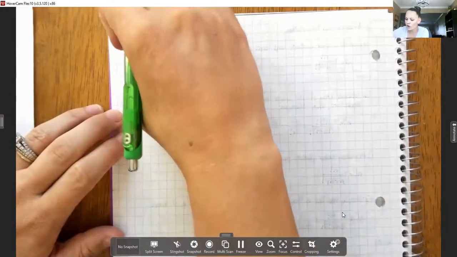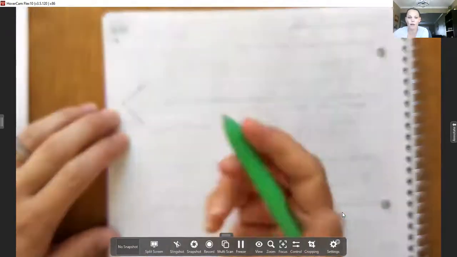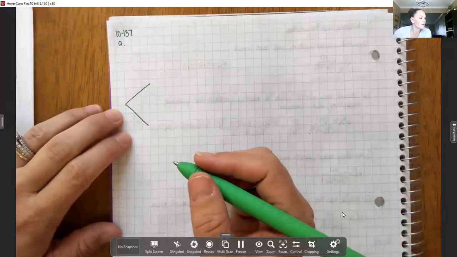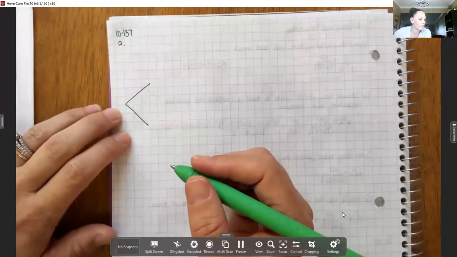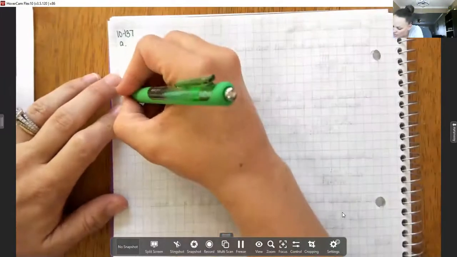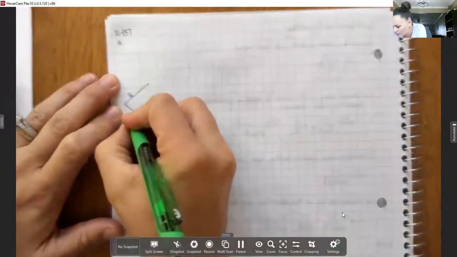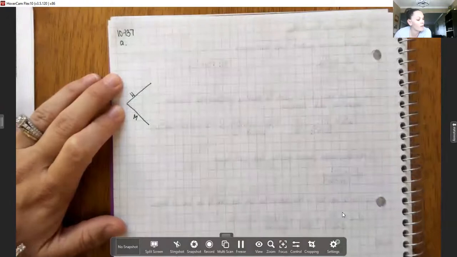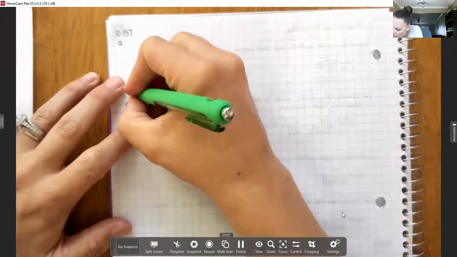Notice I'm not starting right here because I want space to go up still, if we remember tree diagrams. So this could be a hit and this could be a miss. And remember, it said she got a hit 40% of the time. So this H would be a 0.4 and this M would be a 0.6.